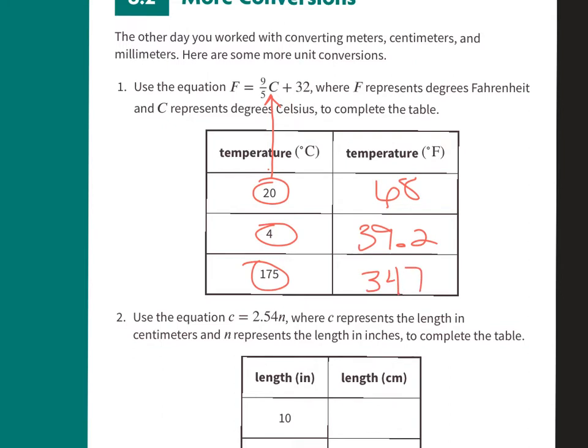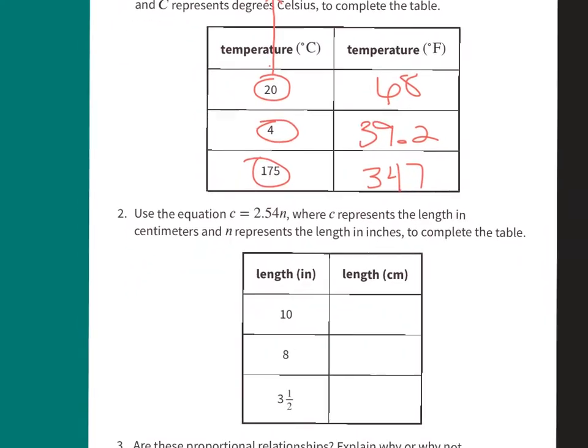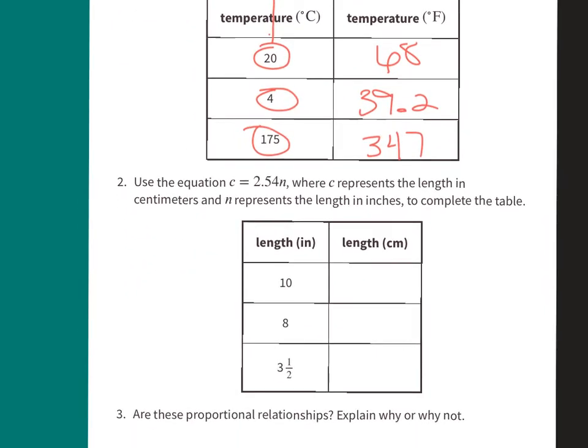Now, number 2, use the equation C equals 2.54n, where C represents the length in centimeters and n represents the length in inches. So I'm going to take all of these inches, 10, 8, and 3.5, and plug them in right here for n. So I'm just going to multiply all of them by 2.54.